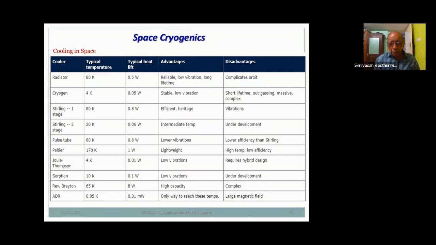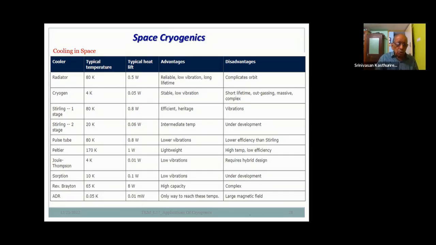It is stable with low vibration, but it has a very short lifetime and outgassing issues. Sometimes you require a large quantity of cryogenic fluid, so it can be a massive system, and many times quite complex and very expensive if you use cryogenic fluids.